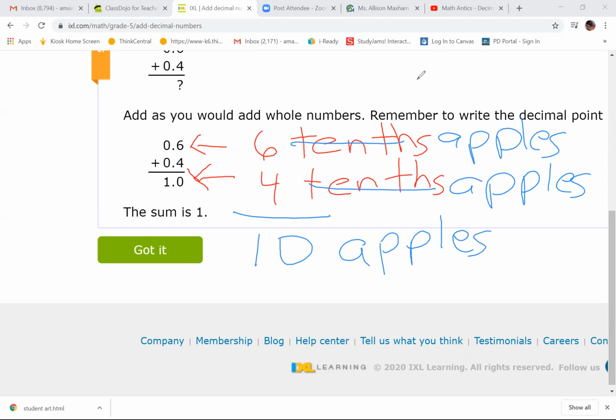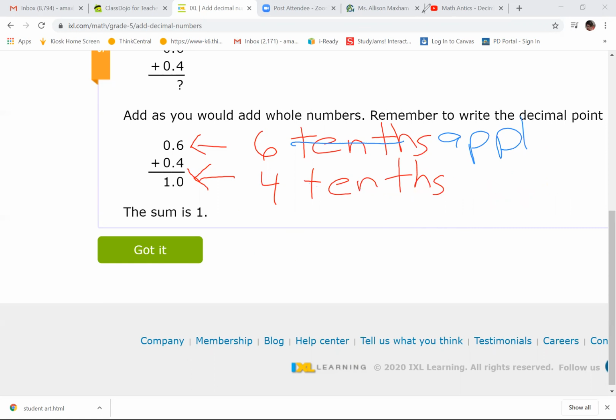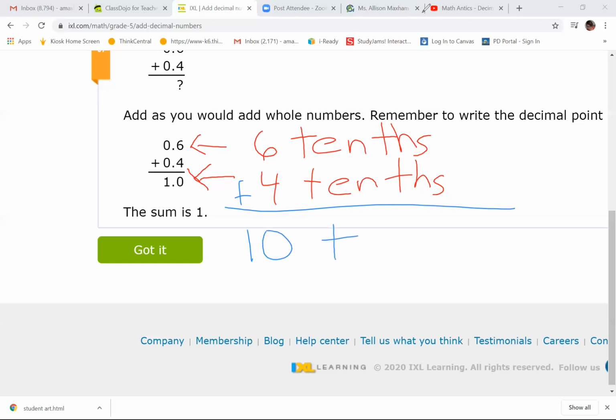apples, right? If 6 apples plus 4 apples is 10 apples, then that tells me that, let me get rid of my apples. Oh, went too far. Okay. So now that I know in my head that 6 apples plus 4 apples equals 10 apples, then I know that 6/10 plus 4/10 equals 10/10.